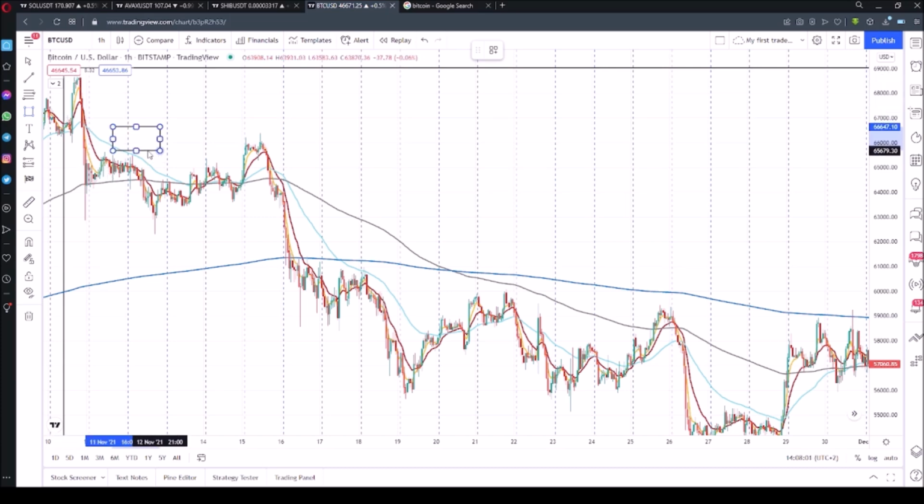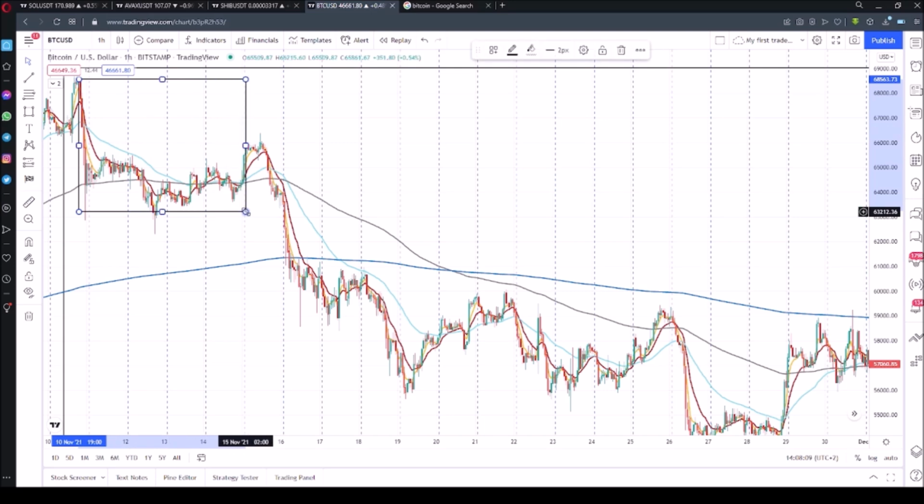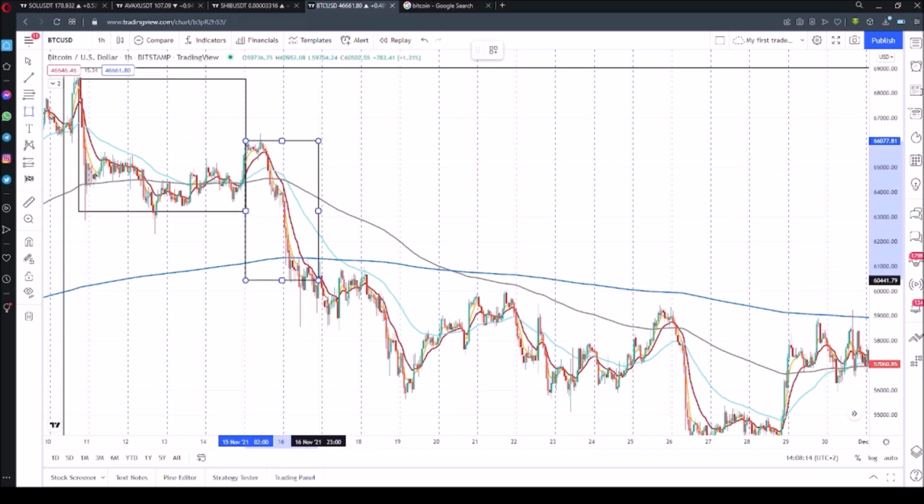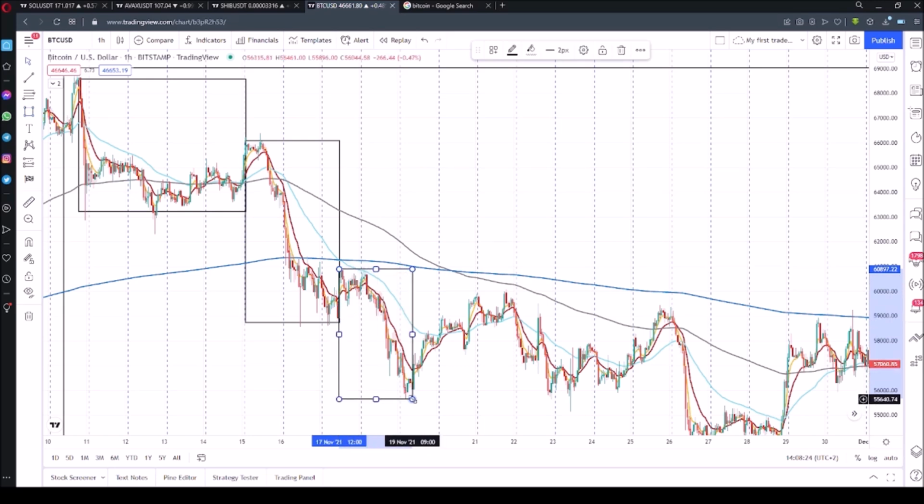This was the first day of drop, and there was consolidation. Then we had the second day of drop, then the third day of drop. So on the third day, that is where we've said we expect to see the market actually giving us a reversal. However, this is a smaller time frame, and we won't be expecting to see a reversal of high magnitude.